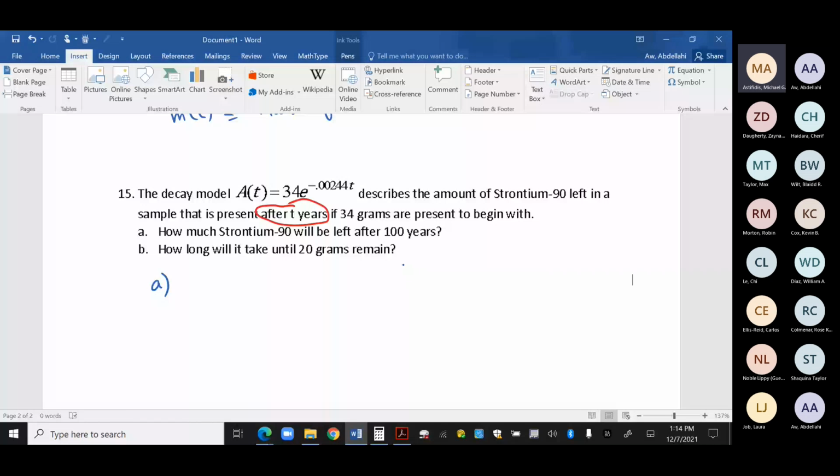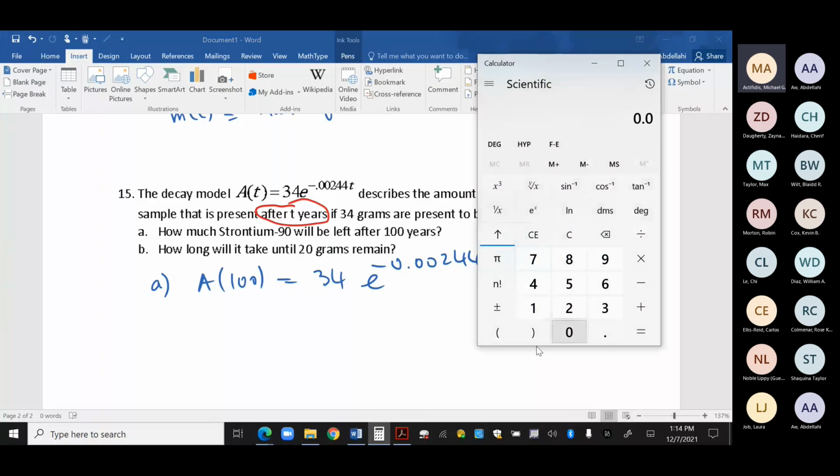A of 100 is equal to 34 e to the negative 0.00244 times 100. That's it. Then you use a calculator: 0.00244 times 100, negate it, take e to that, and then times 34.